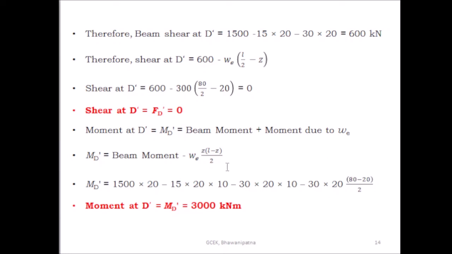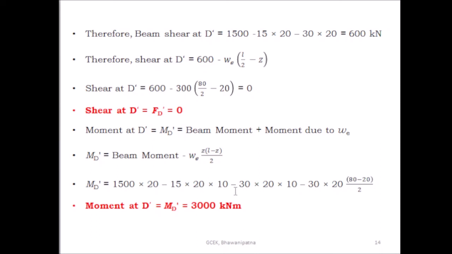This is the formula we have already discussed in the theory portion. So WE into Z into L minus Z by 2. So here WE is 30 into 20, Z is equal to 20, and L is equal to 80, and Z is 20 by 2. Then the moment at section D dash is equal to M D dash.